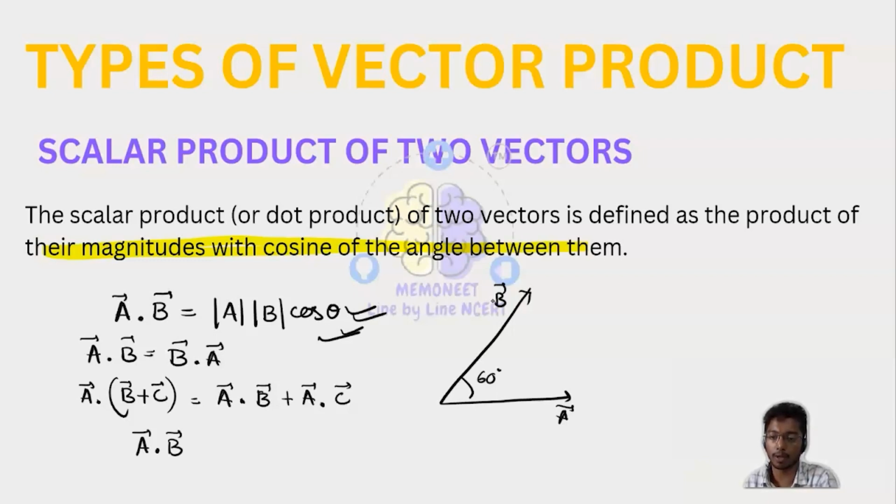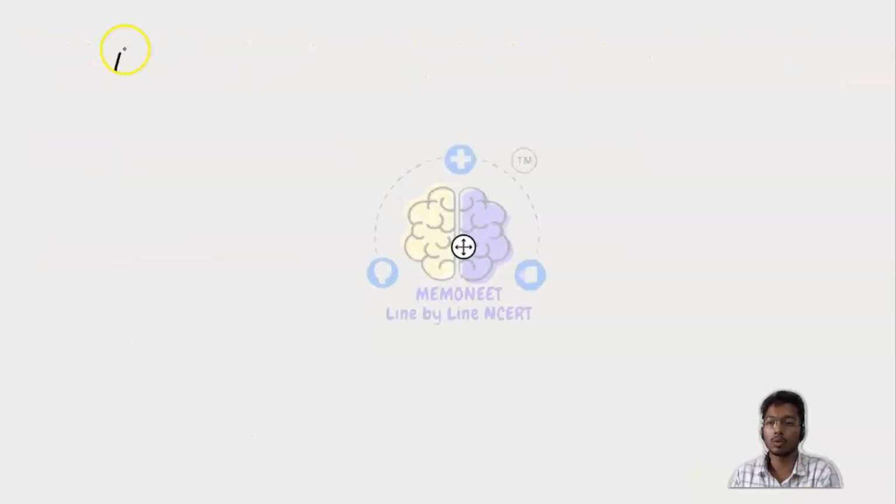When we multiply this, we do the scalar product, that is A magnitude into B magnitude into cos 60, and cos 60 is 1 by 2. So this is how we can find the scalar product: A vector dot B vector is equal to A magnitude into B magnitude into cos theta. Now see this.